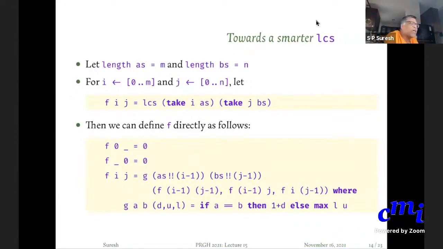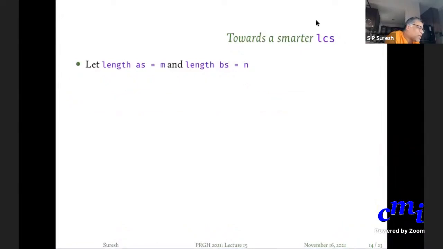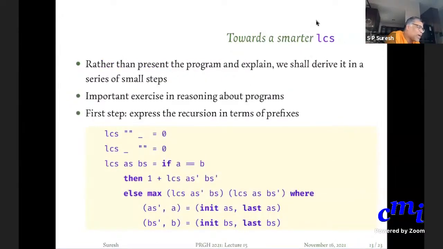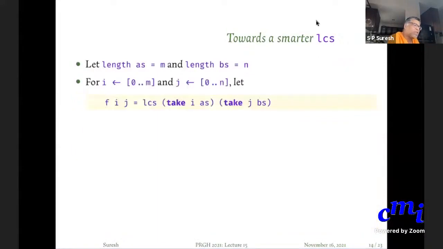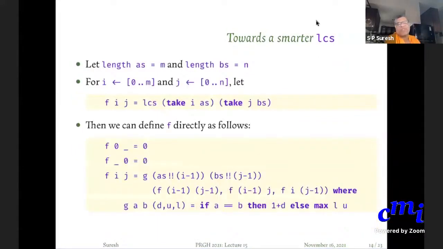Okay, F of Ij is, recall that you have this, right? If A is equal to B, then 1 plus LCS A's prime B's prime. Else max of LCS A's prime B's, LCS A's B's prime. Let us see what that translates to here. Instead of saying A equal to B, I will check whether A's of the I minus first letter of A is.